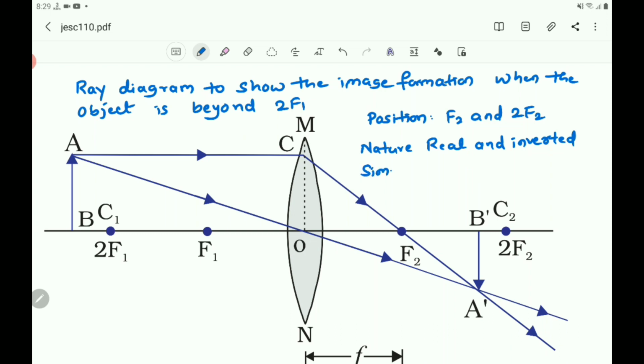Size: diminished, that is smaller than the object. When the object is beyond 2f1, the image forms between f2 and 2f2. It is smaller than the object, that is the diminished image, and the position is between f2 and 2f2, and it is real and inverted.